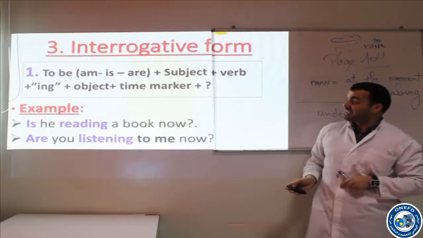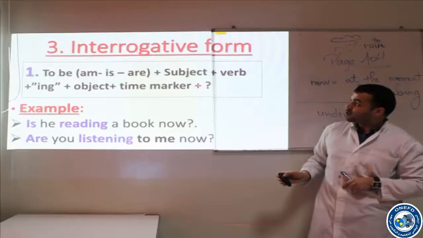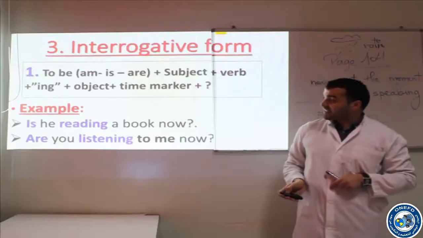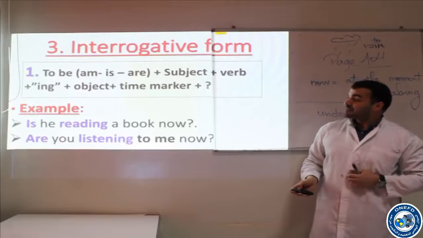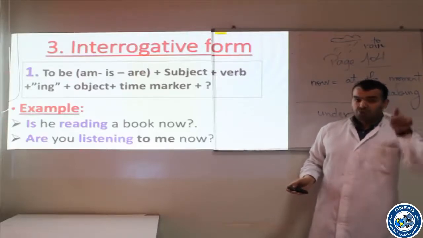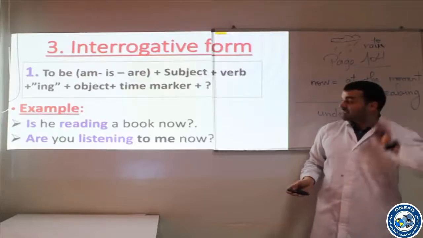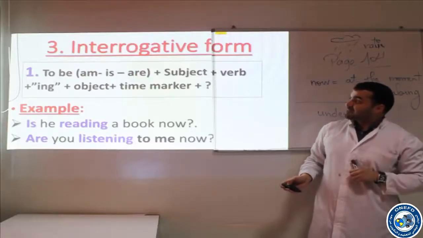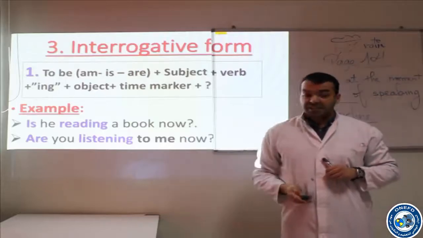The object is a book, plus time marker now, plus question mark. Second sentence, are you listening to me now? Are, plus subject, you, plus verb, to listen, plus ing, plus the object, plus the time marker, now.